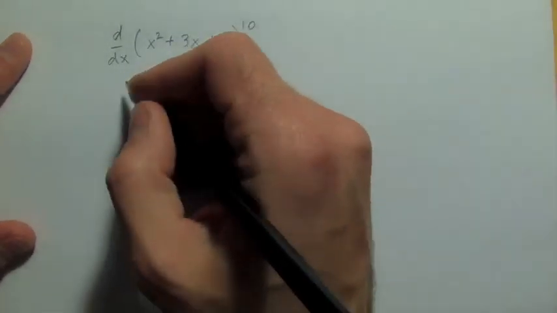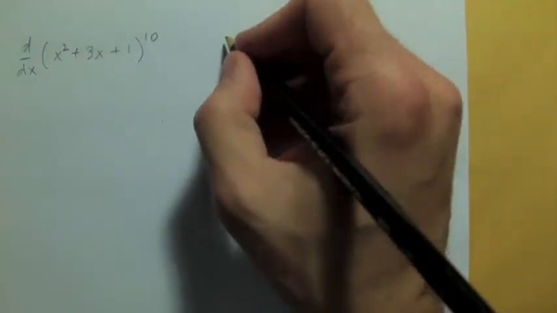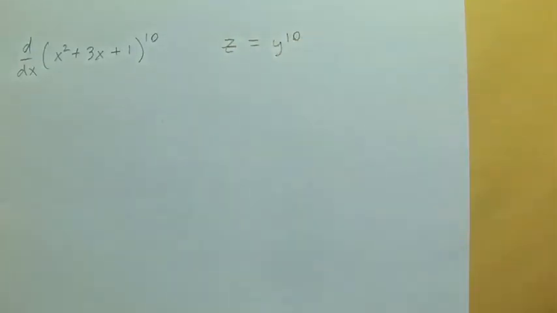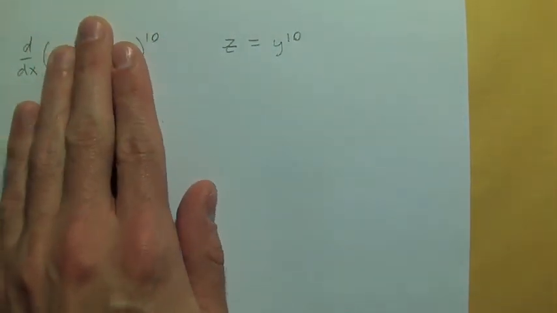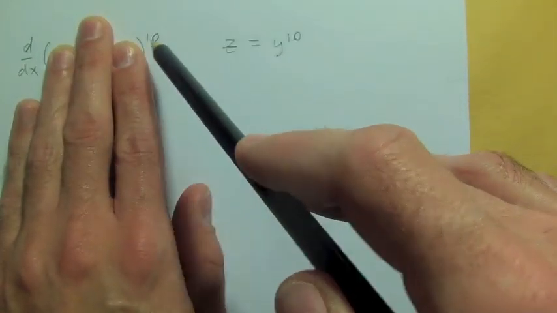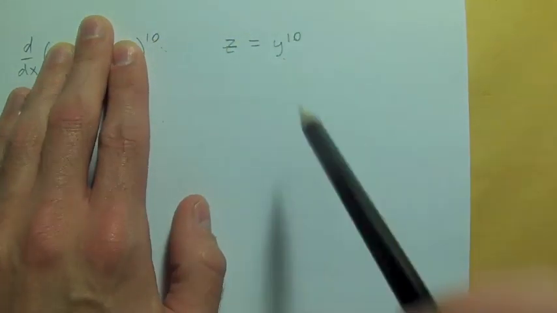So over to the side here, I'm going to say that z is equal to y to the 10th. Now why is that? Well, that's my outside function, right? If I cover up this inside function, I'm just taking whatever's there and raising it to the 10th. So I'm going to call that on the inside y.